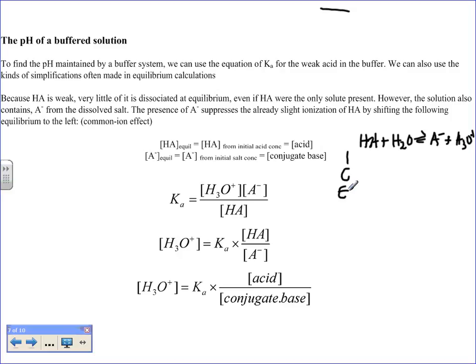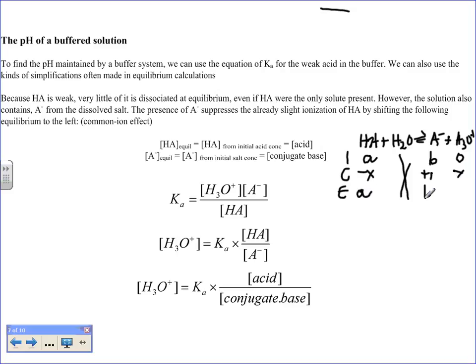So if I'm dealing with a buffer that consists of HA and the salt of its conjugate, A minus, I'm going to have an initial concentration of my acid, an initial concentration of my base, and no H3O plus present initially. The changes are minus X, plus X, plus X.